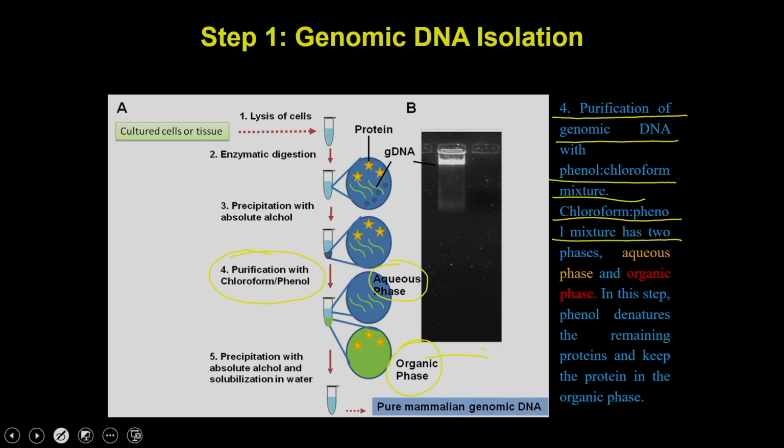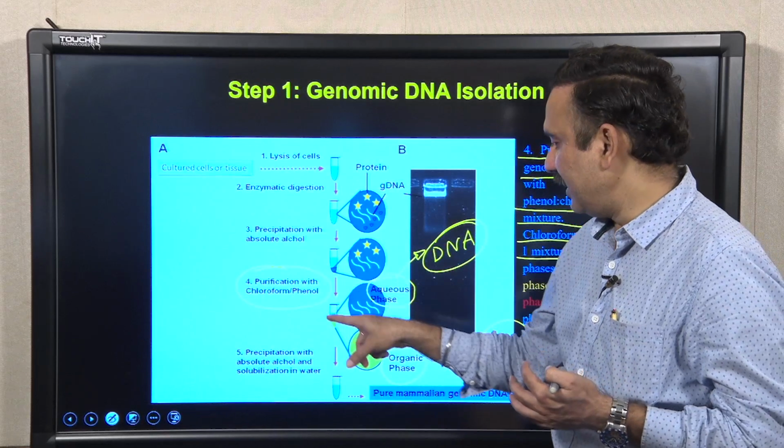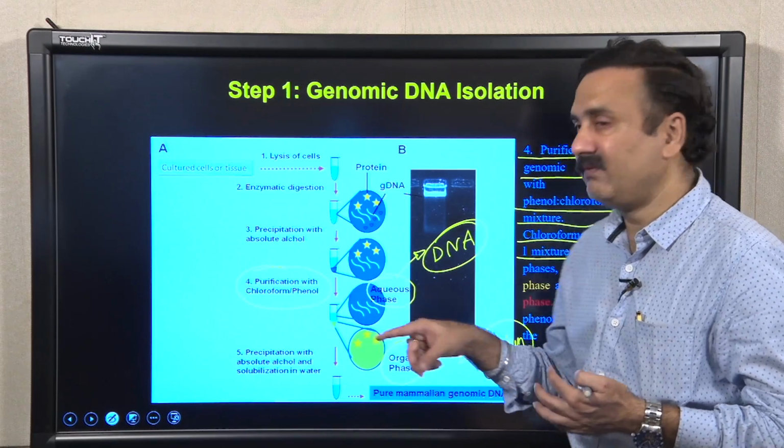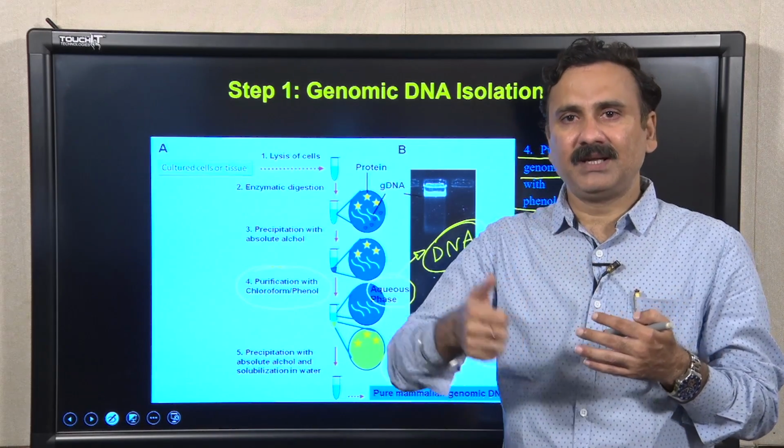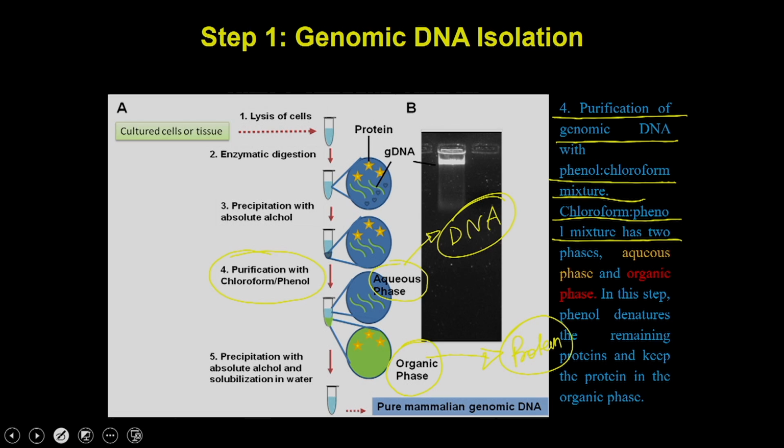This organic phase is going to have all the protein that is precipitated by the chloroform phenol mixture, and the aqueous phase is going to contain the DNA of your interest, which means the genomic DNA. So now you have to remove the aqueous phase without disturbing the organic phase, and you can collect that into separate tubes.